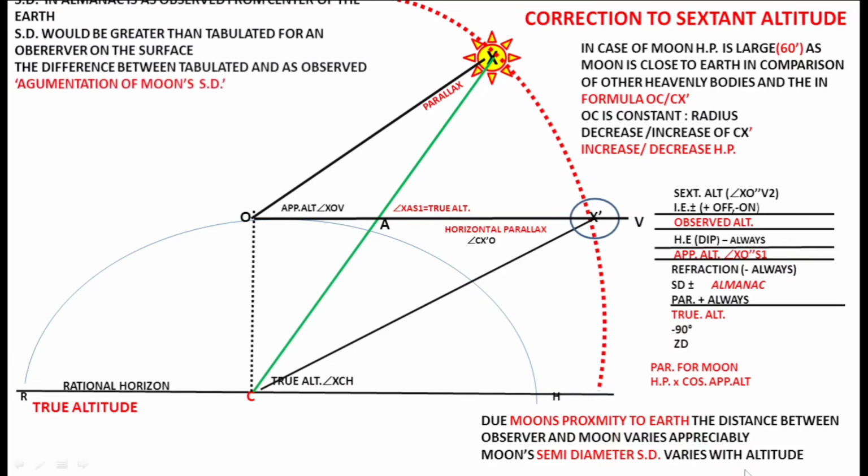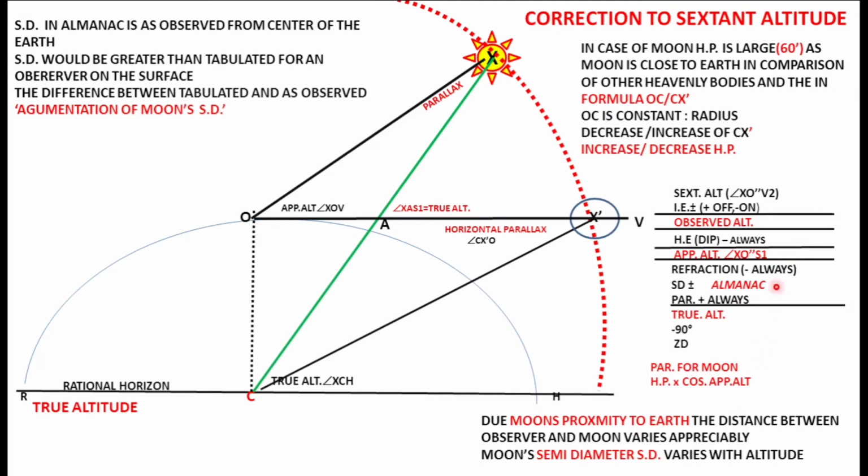Semi-diameters, what we talked about, are given in the almanac. They are given as seen from the center of the Earth, but the observer is on the surface.